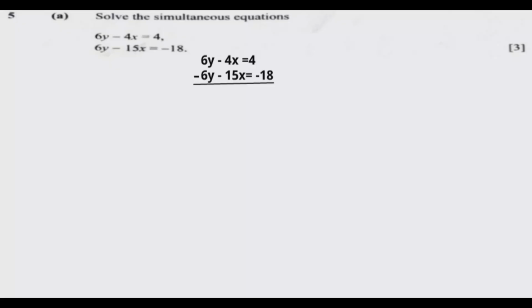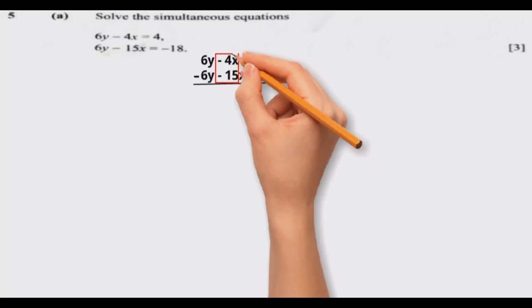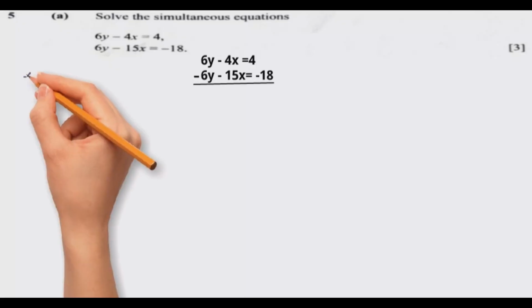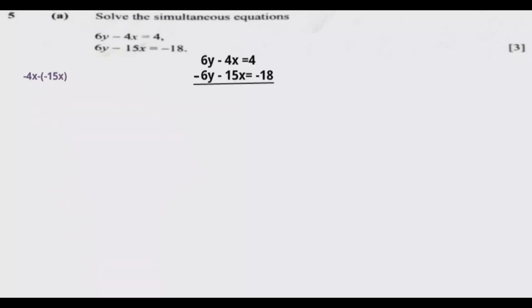Okay, then we come to negative 4 minus negative 15. So let me write this expression here: negative 4x minus negative 15x. Now when you look at these signs, we have minus, negative 15.